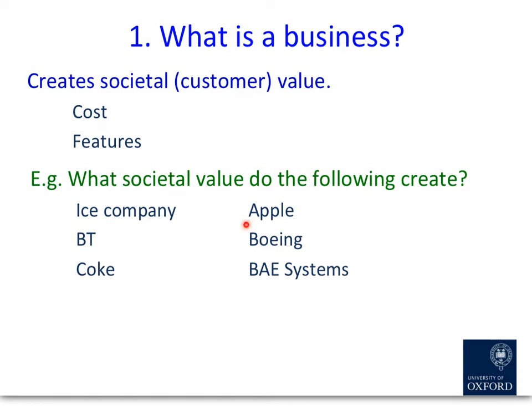What about companies like Apple? Well, in the first instance, they look like they're creating the ability to do computing, but also they have a sense of style and appeal, which is used to create iconic products which people find desirable because it gives the owners a sense of status.